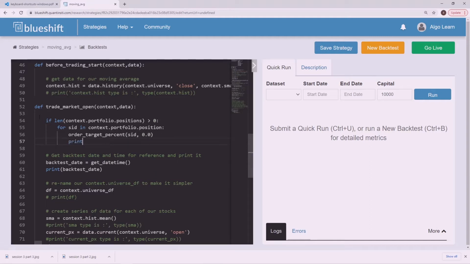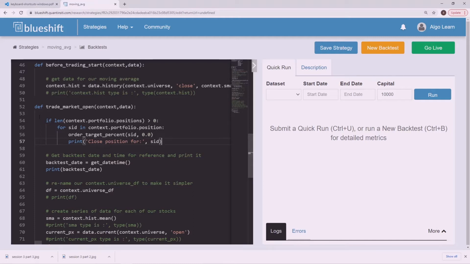And we're going to print closing, what is it? Close position for SID. So then this will confirm which position we're actually closing. So if we have 10 positions, this will loop through the 10 different positions, and when it sells them, it will tell us that the position has been closed.